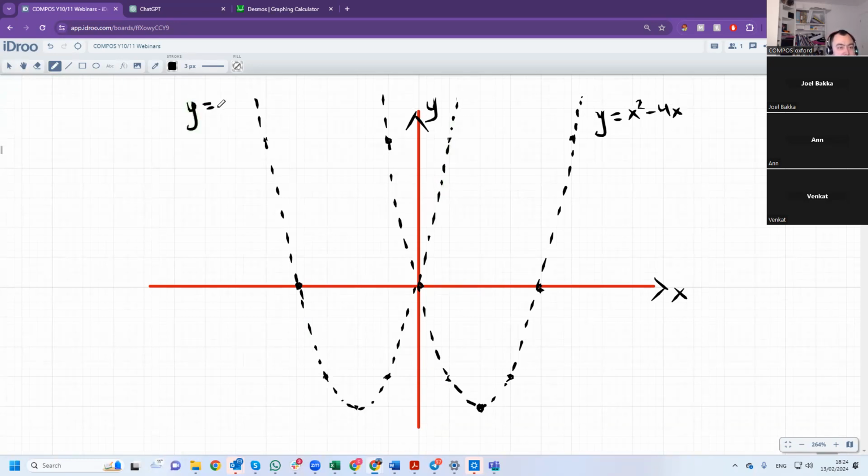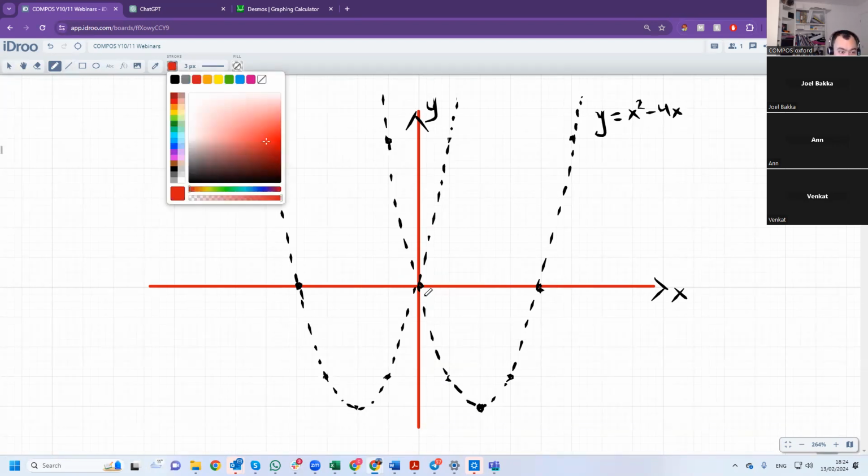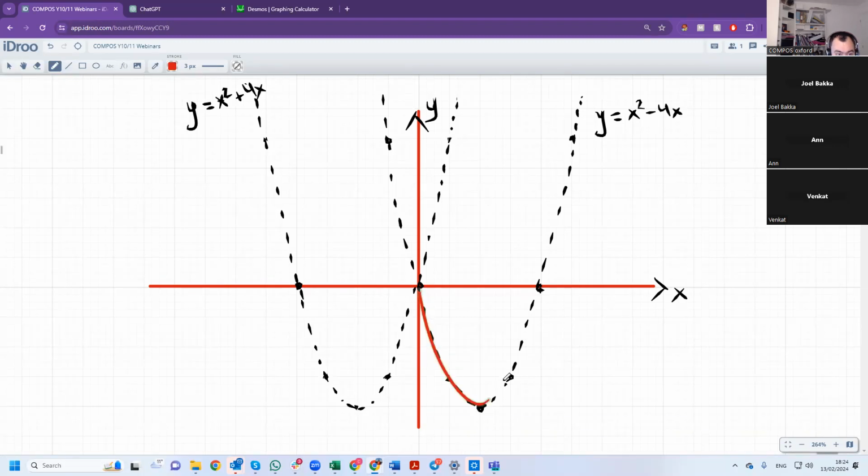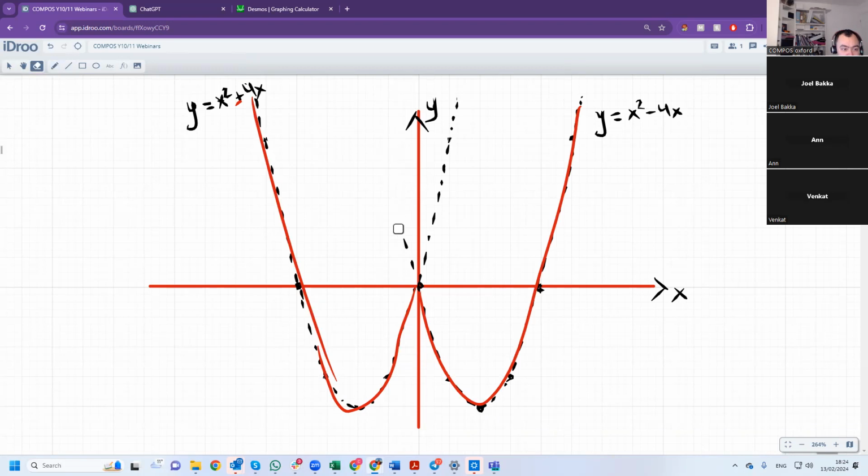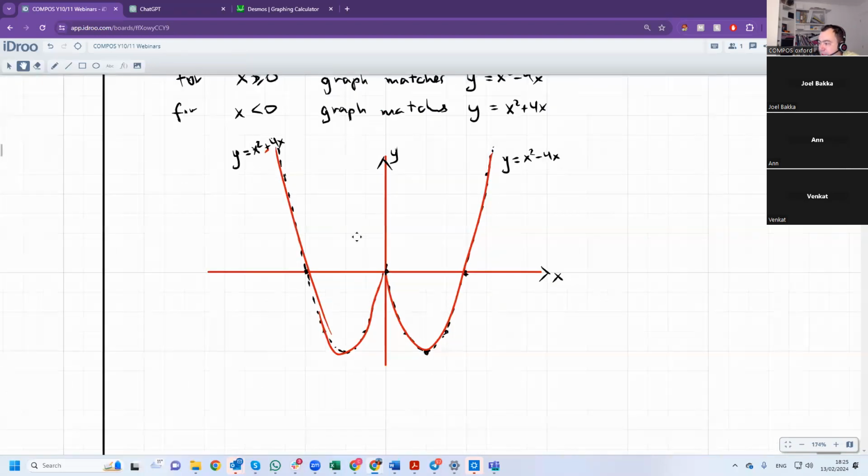And this is the graph y equals x squared plus 4x. Now, if x is positive, it matches this graph. So we just draw over it for the positive x's. And if it's negative, it matches this graph. So we kind of switch to this graph. And that's why we have this weirdly shaped graph. The upside down McDonald's logo. Do you understand now? On a scale of 0 to 10?